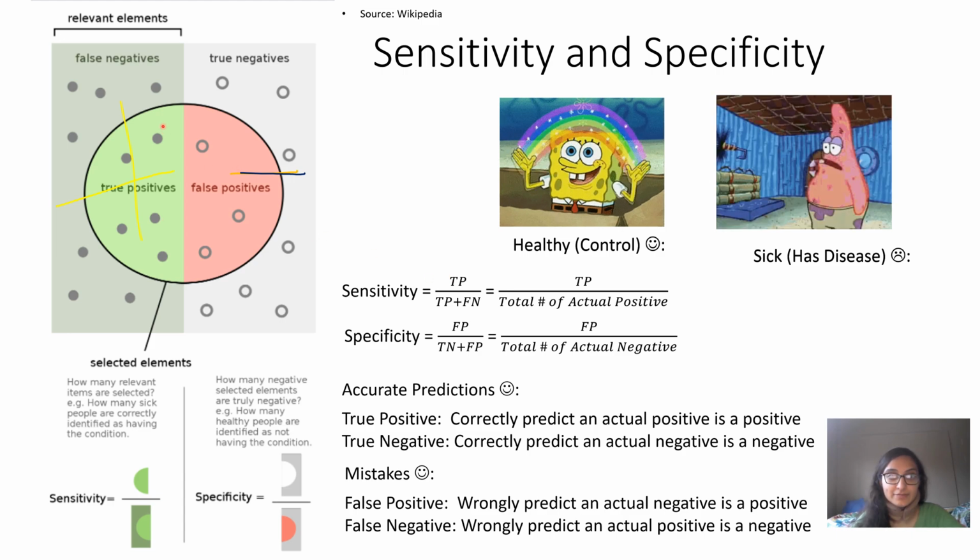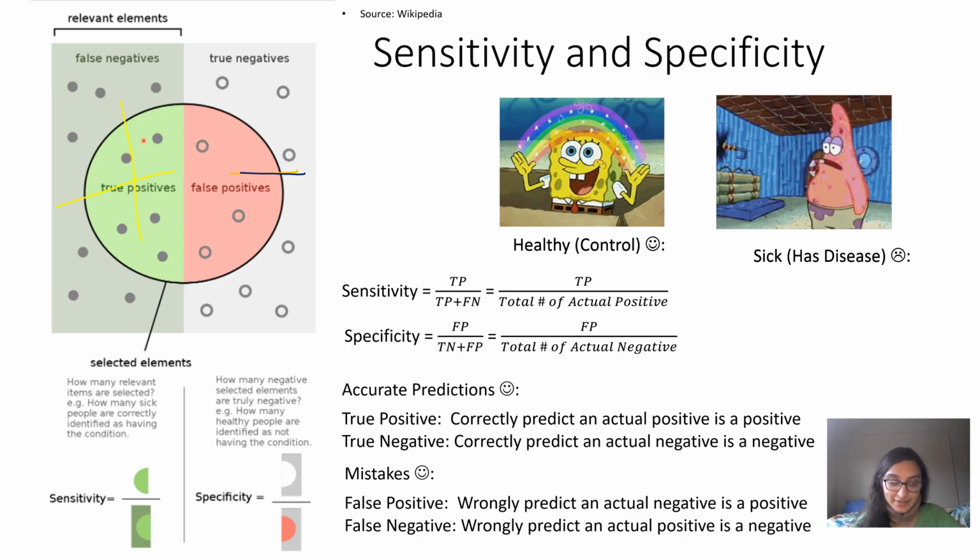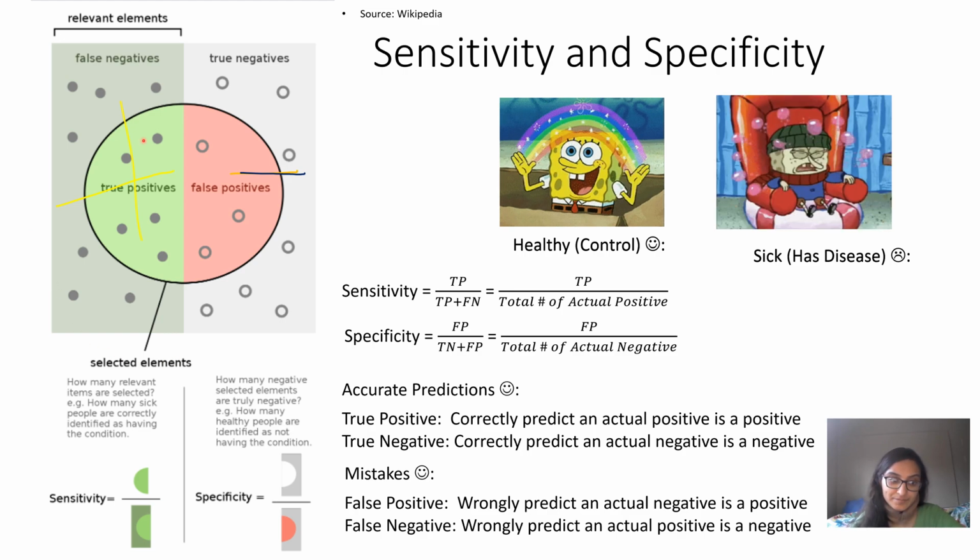You're also going to have your false negatives, which is a mistake. You wrongly predict that this positive individual, positive sample, was actually negative. Sometimes, like for COVID-19 prediction, imagine you predict somebody isn't infected with COVID-19 when they actually are.